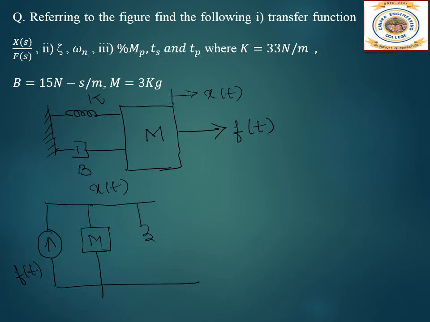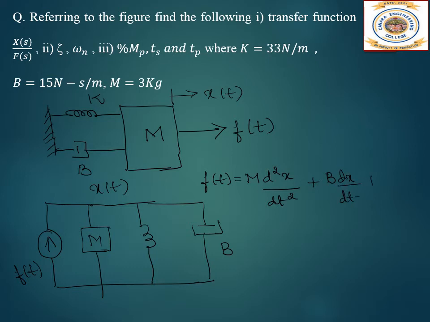And we have K, which is between the node and ground, and also B, which is between the node and the ground. So if I write the equation, f of t is equal to m d square x by dt square plus b dx by dt plus k into x of t.